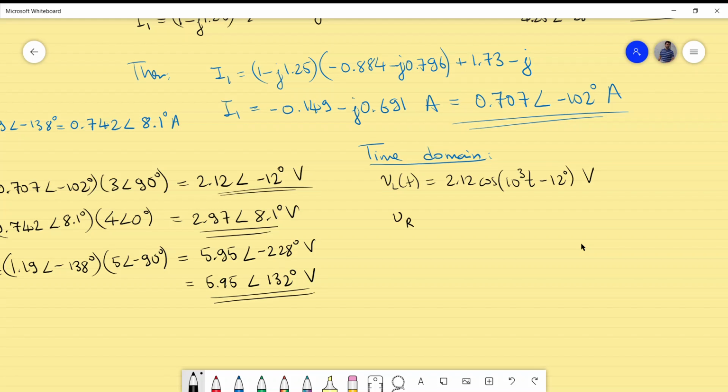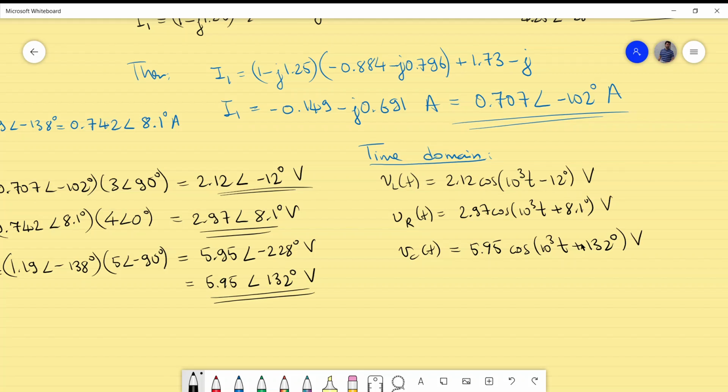For VR, I have 2.97 cosine 10 to the power 3 t plus 8.1 degrees in volts, and the capacitor, the last one, will be 5.95 cosine 10 to the power 3 t plus 132 degrees in volts. And that's the whole business. So we have done the complete situation for this example.